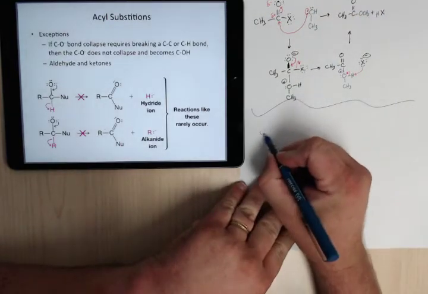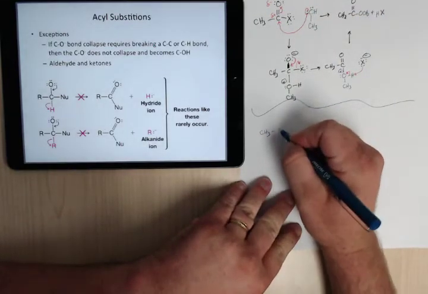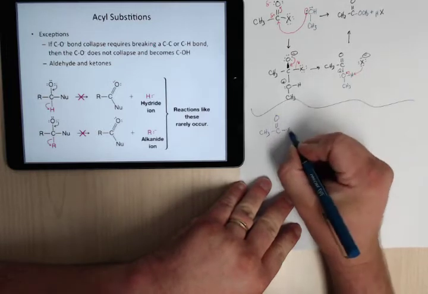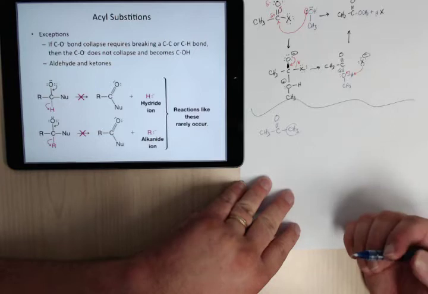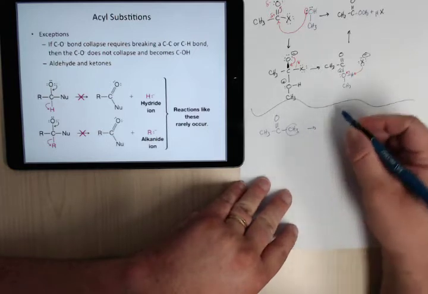If this leaving group here is a carbon or a hydrogen, you do the same reaction.